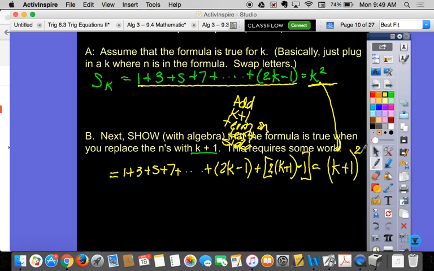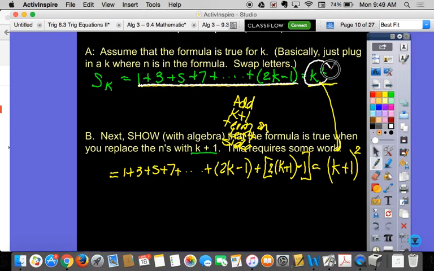Now what we're after is we want to prove, using algebra, that all of this stuff on the left is equivalent to this little bitty tiny thing on the right. Now the good thing about what's on the left is that we have all this stuff right up here from 1 all the way through 2k minus 1.